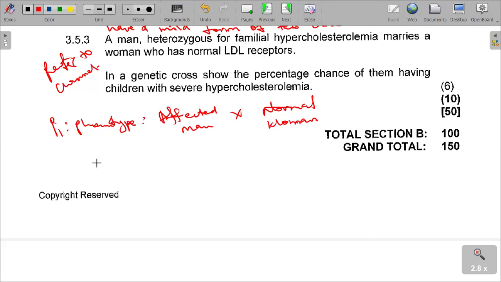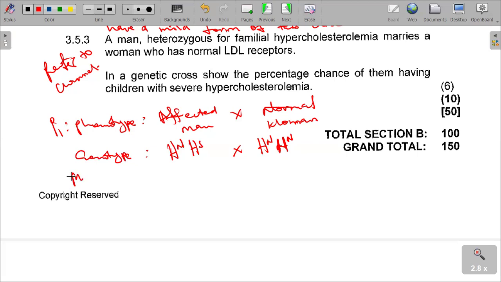The man has the genotype HNHS, and he marries a woman who is HN. So that's the genotype there.